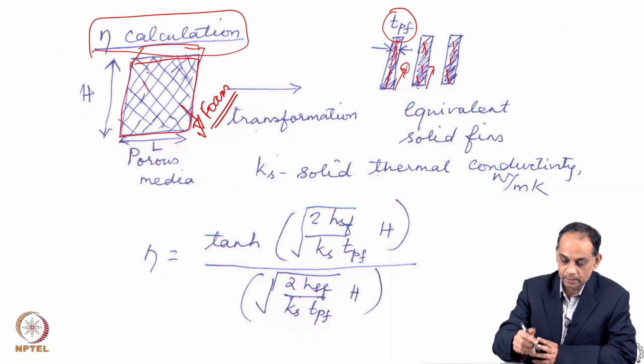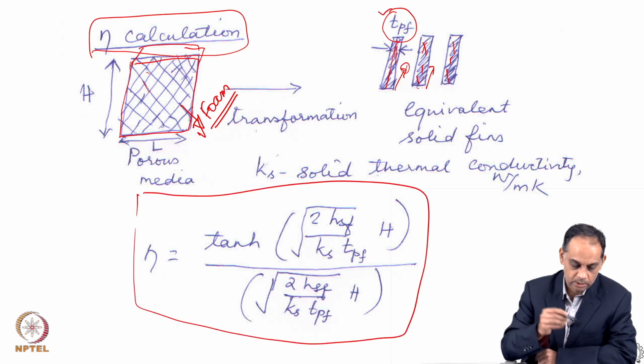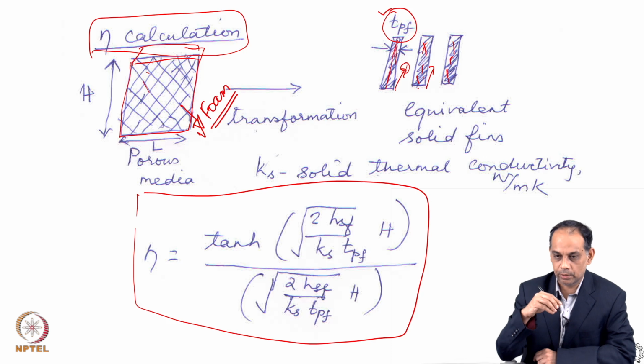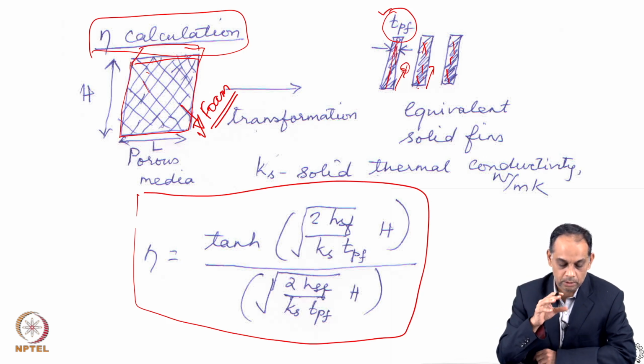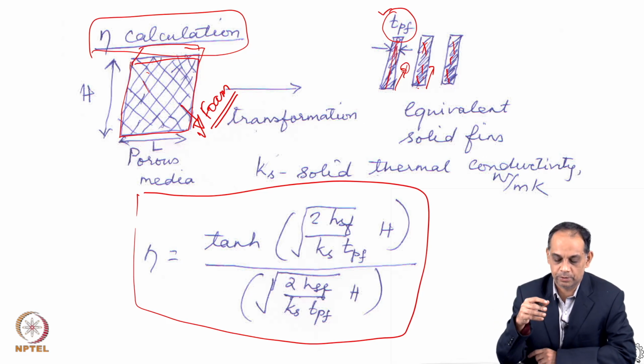From that we get a thickness relationship. Plugging this thickness into a standard efficiency relationship will fetch us the surface efficiency. And this is what we are going to do in the next module. So we are going to take this method of transformation of porous media into equivalent solid fins, and from that we are going to get a surface efficiency.